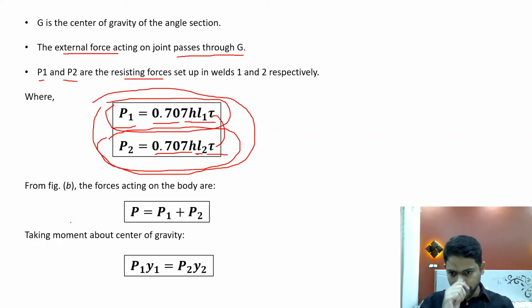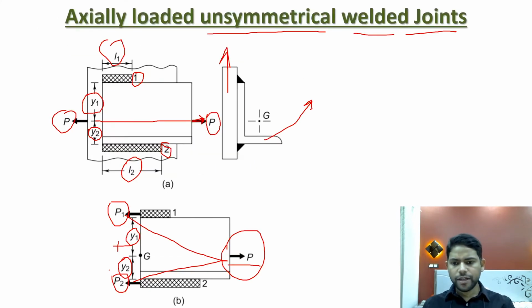Now, as I told you, the sum of these reactive forces P1 and P2 will be equal to the tensile force acting on the structure, of magnitude P. Now, if you take the moment about this point G, you can write P1 times Y1 is equal to P2 times Y2.